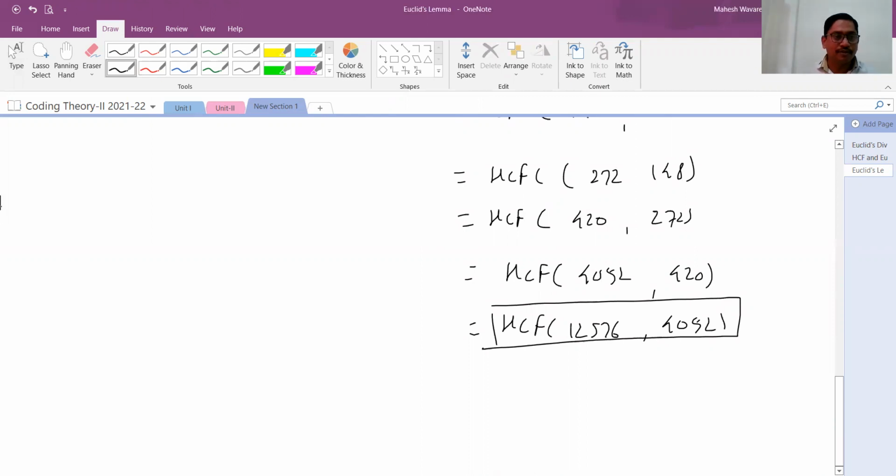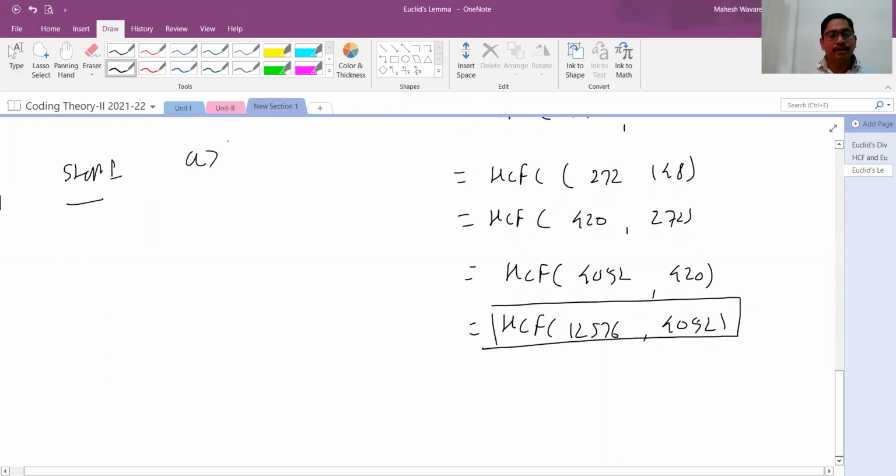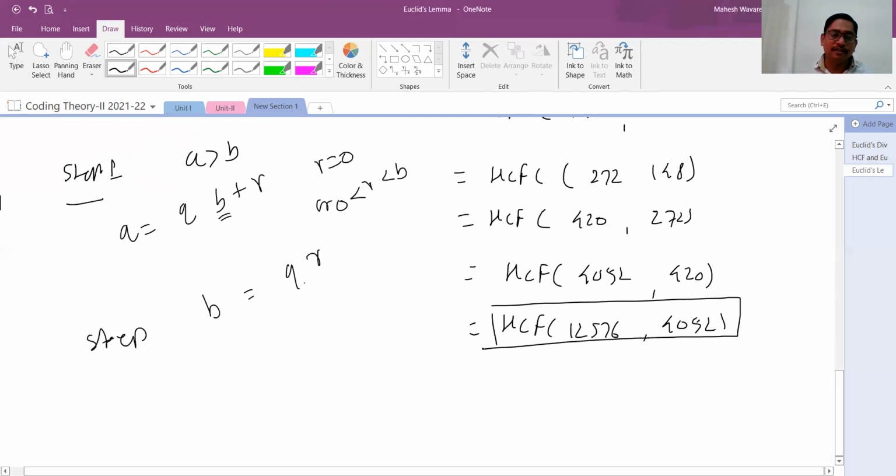Steps involved here. You should have a greater than b, and when a is divided by b you get quotient q and remainder r. If the remainder is 0, then b is the highest common factor. But if the remainder is greater than 0 and less than the divisor, then we apply the second step: b is divided by the remainder and you get another quotient and another remainder.